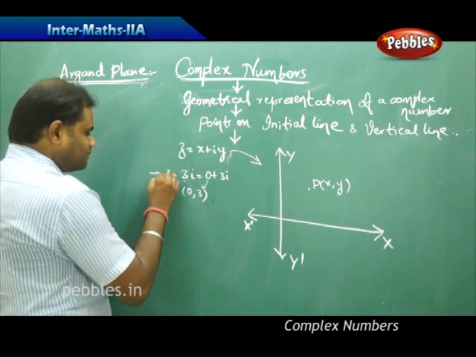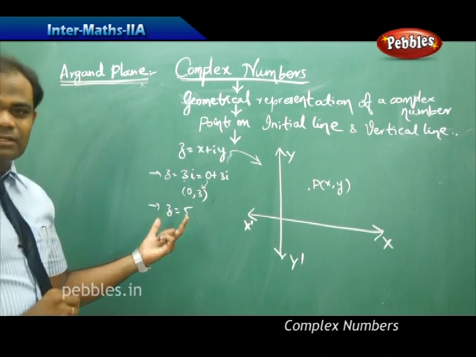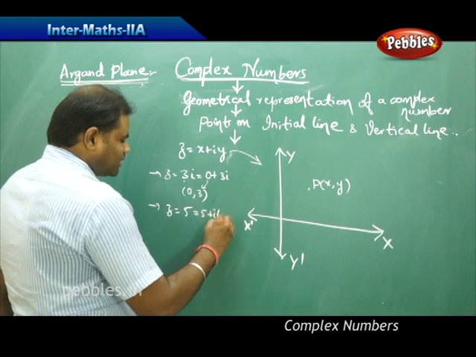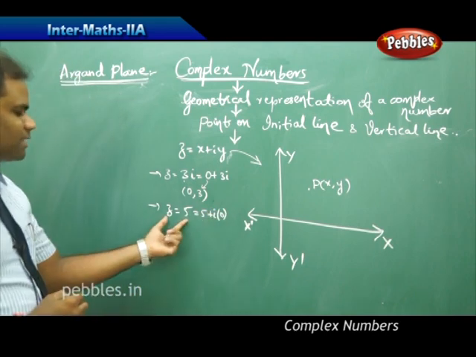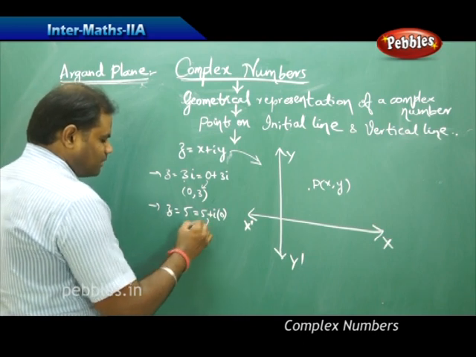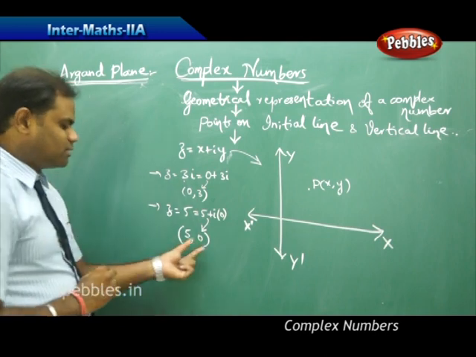Similarly, when I take Z is equal to 5, it is a complex number. If I write this in the form 5 plus i times 0, then in this case, this is a complex number which is represented by real part is x coordinate and imaginary part is y coordinate. So (5, 0).